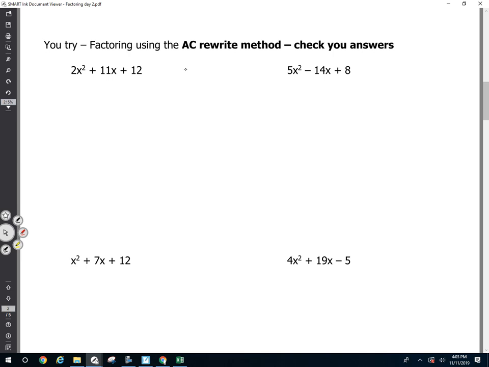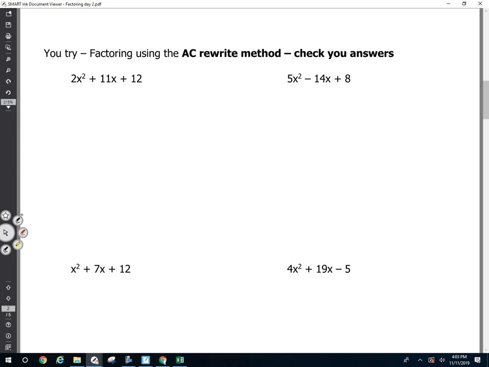Multiply A and C. Write it down. Look at B. Write that down. What's A times C? 24. B is 11.